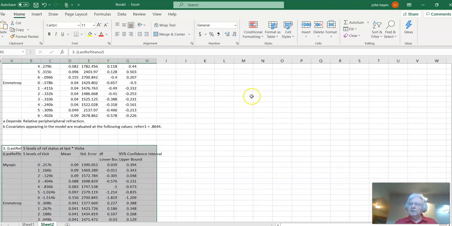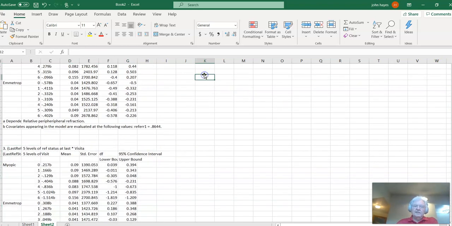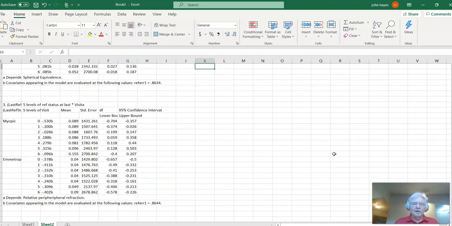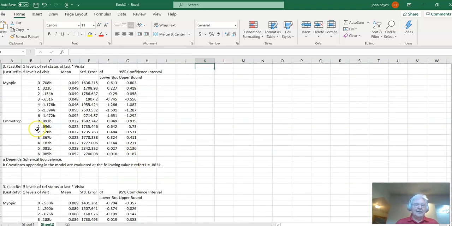Come up here. Now, because I selected for emmetropes and myopes, those are the only two things I have here, so I made my life a little bit easier. Notice that it says when you're calculating these means and plugging the numbers into the regression equation that we just looked at, the covariate appears in the model evaluated at the following values: Ref error 1 equals 0.8634.